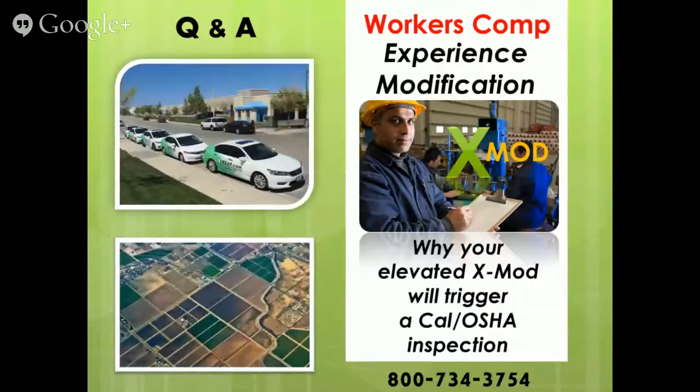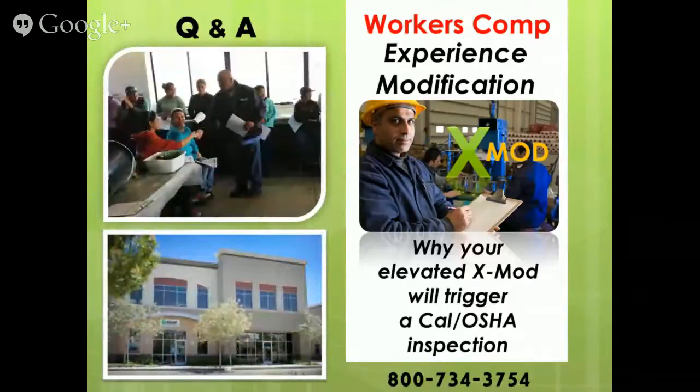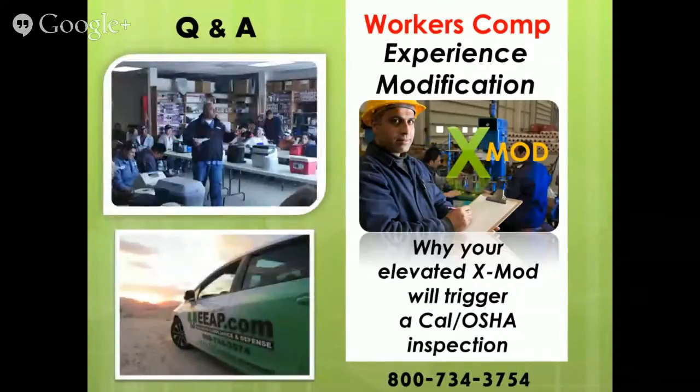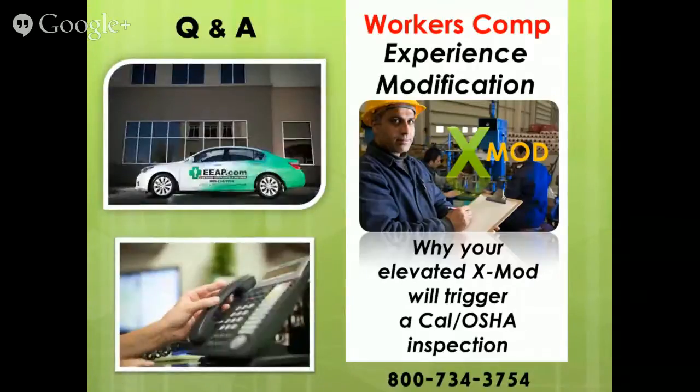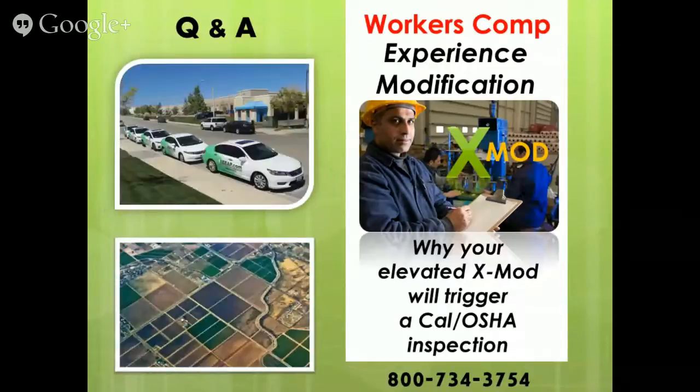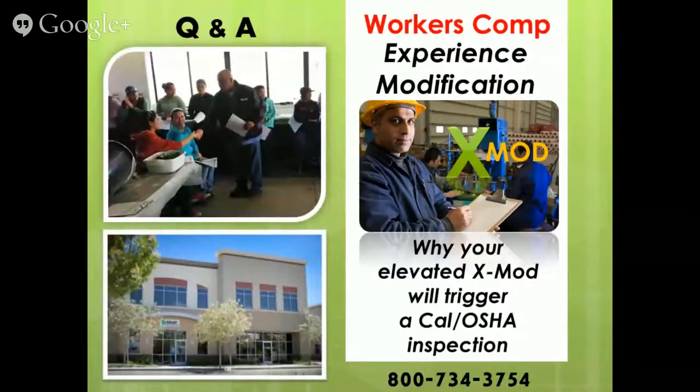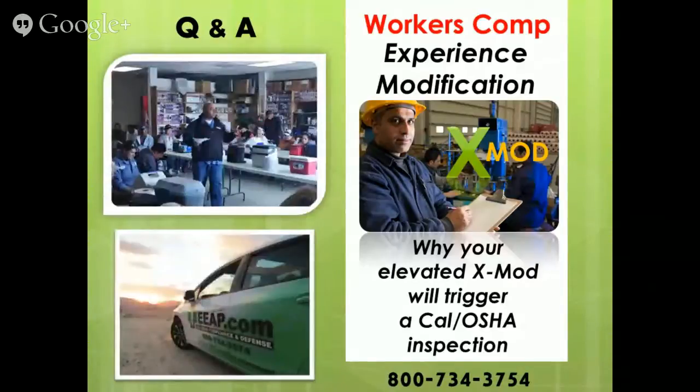If you're doing all of those things that we've recommended from the beginning, the pre-hire, making sure you're getting the right people, training your people, making sure that they're aware, fixing the issues that could cause them to get injured, monitoring your claims, doing all of those things from the very beginning of the process through the end, over time you're going to create an atmosphere, and that's what we want to help you with, to create that environment where you have a safer workplace and you can keep those mod rates down and your premiums and your overhead down.